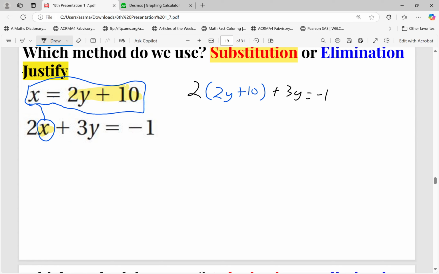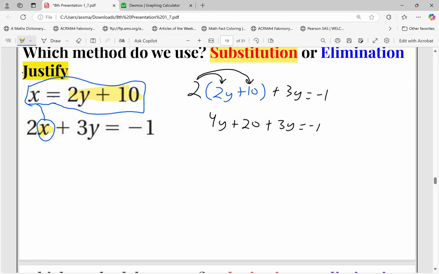What we learned is that to get rid of parentheses like this, you have to use the distributive property, a fancy way to multiply. So I'll have 2 times 2y gives me 4y, plus 2 times 10 gives me 20, plus 3y is equal to negative 1.